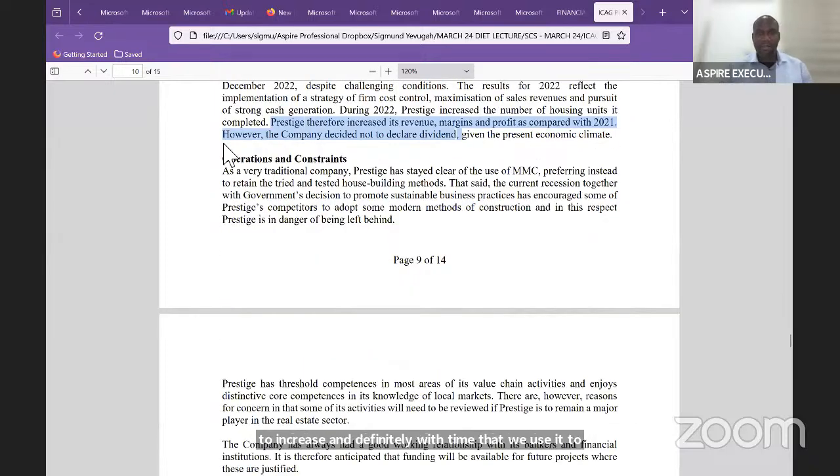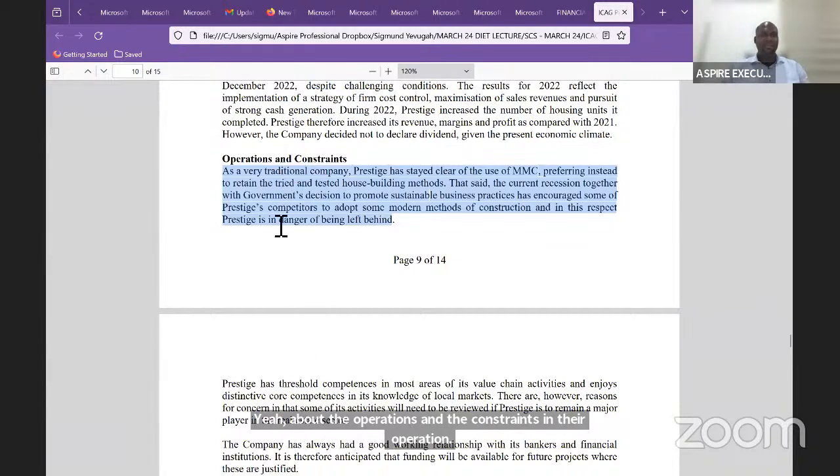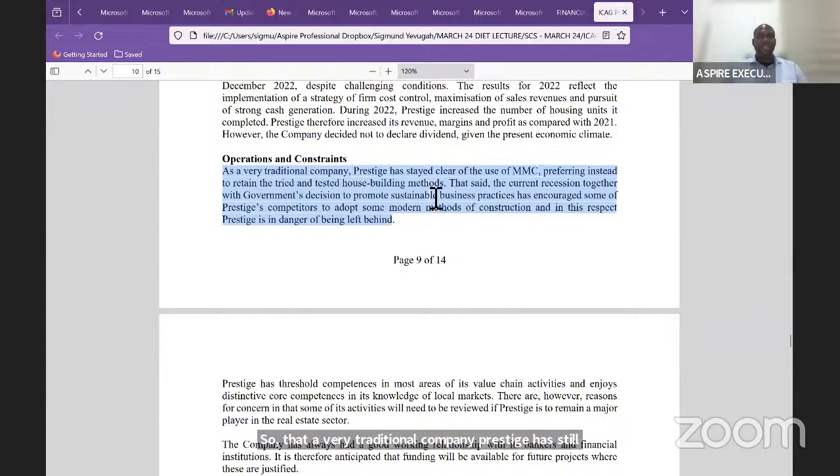So they gave you some information. The thing I was telling you about their value chain: they told you about the operations and the constraints in their operations. They've told you here that Prestige, a very traditional company, has stayed clear of the use of the MMC, preferring instead to retain the tried and tested house building models.